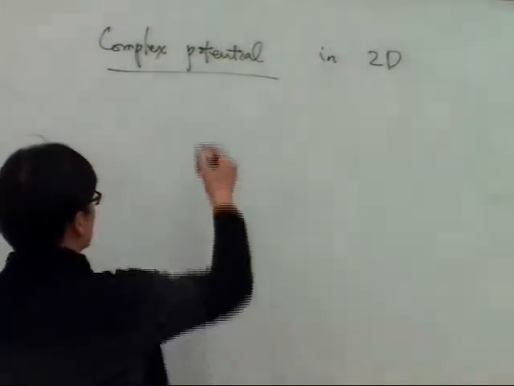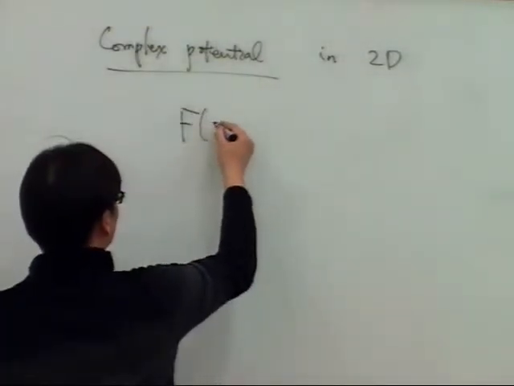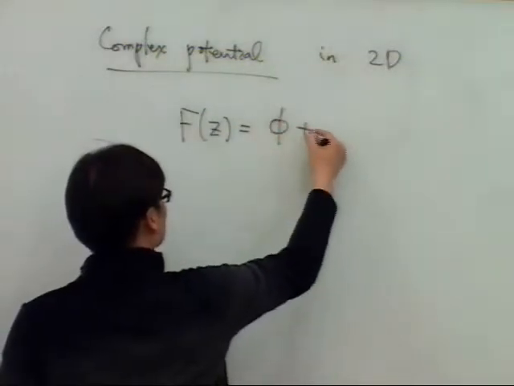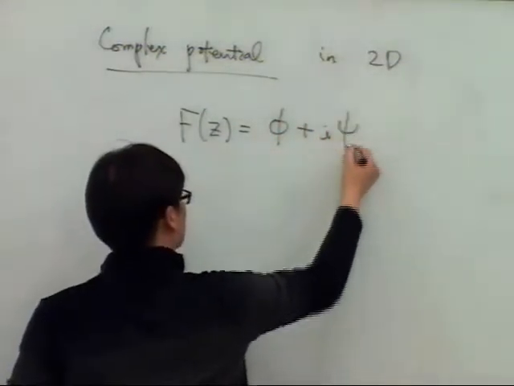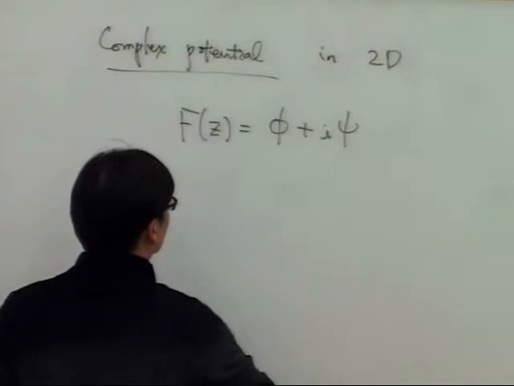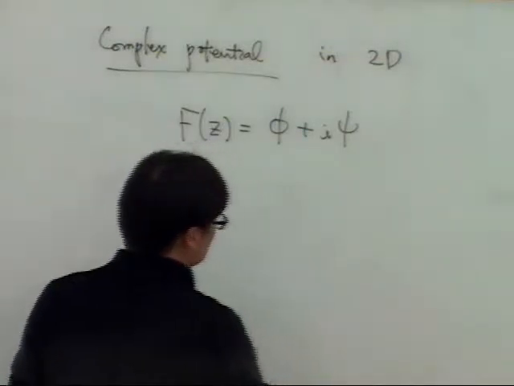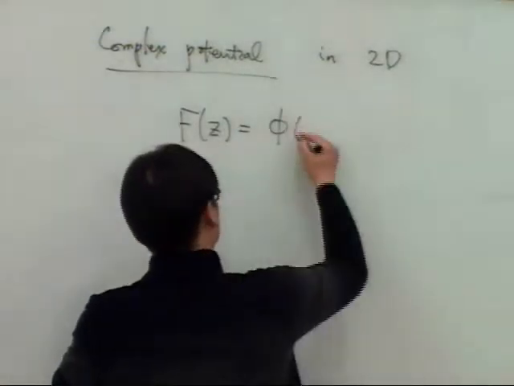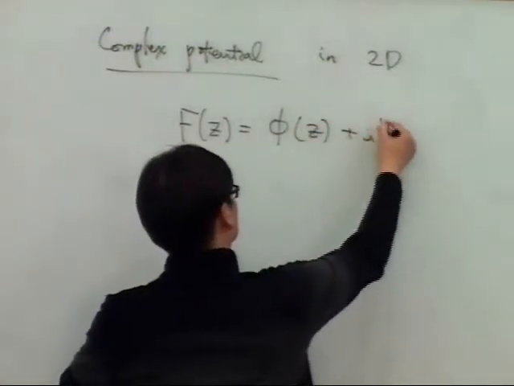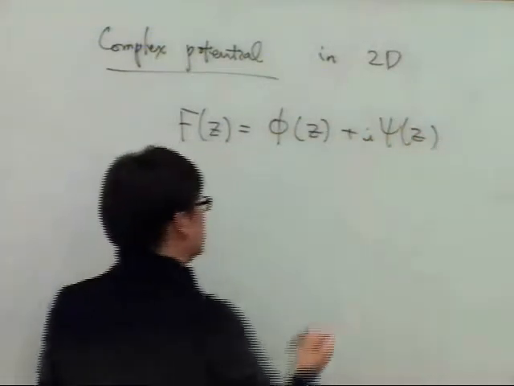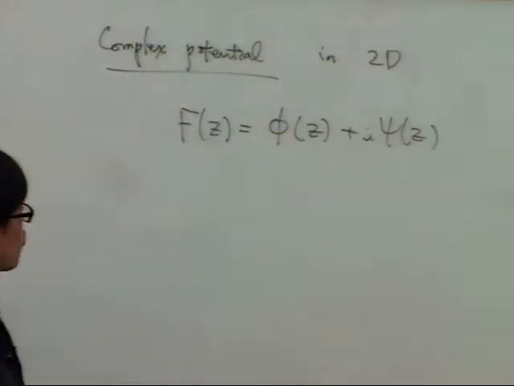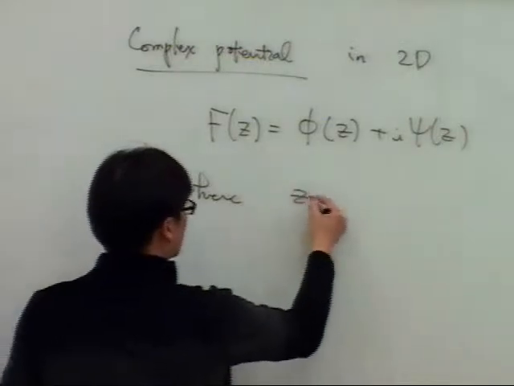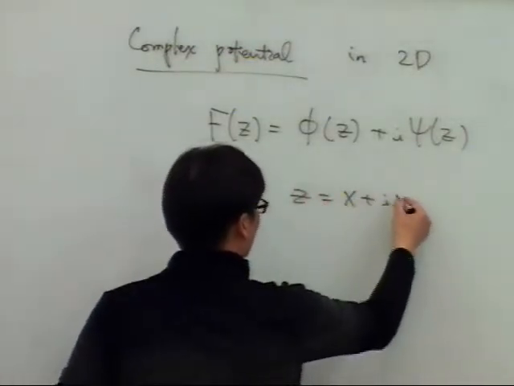Complex potential is given by this, as a function of z, where z is x plus iy.